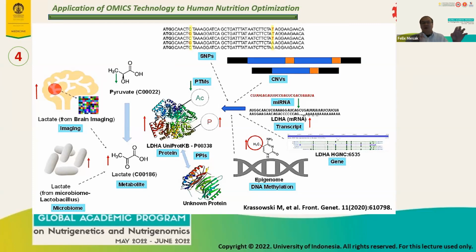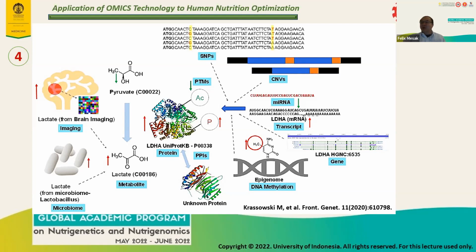So now we jump to a different situation here, when you consider microbiome, namely the gut microbiome. So lactobacillus can synthesize lactate and contribute to the physiological systems and to the lactate levels.